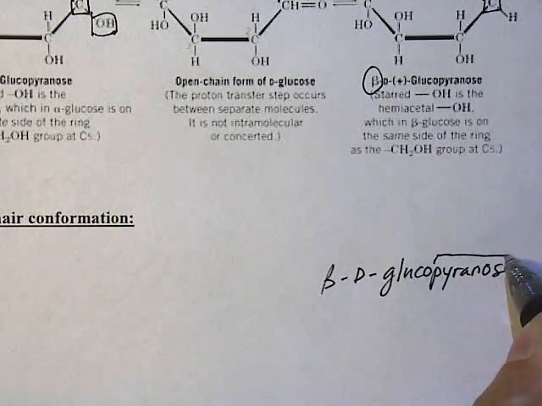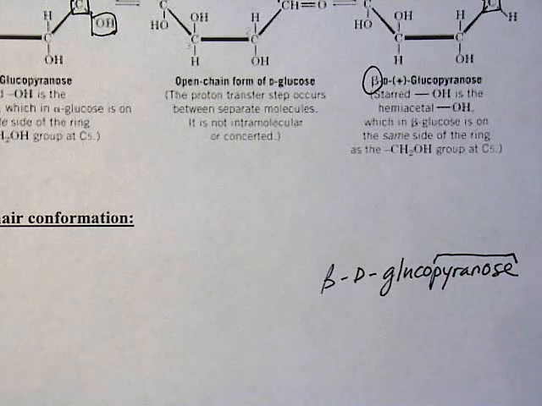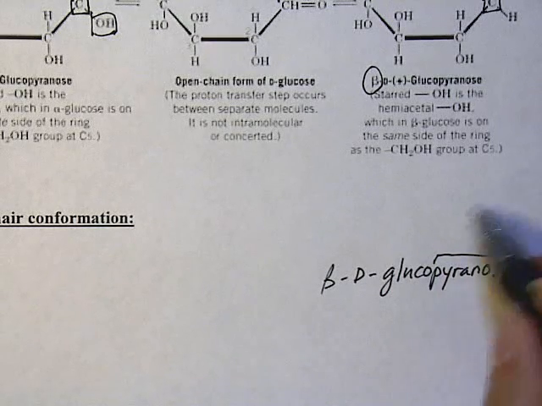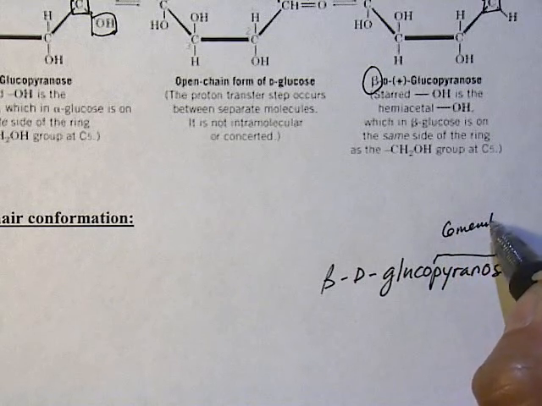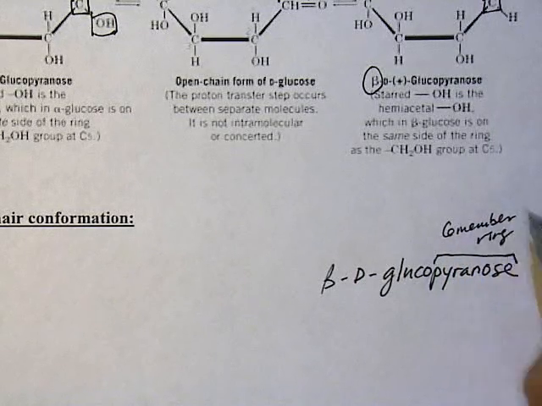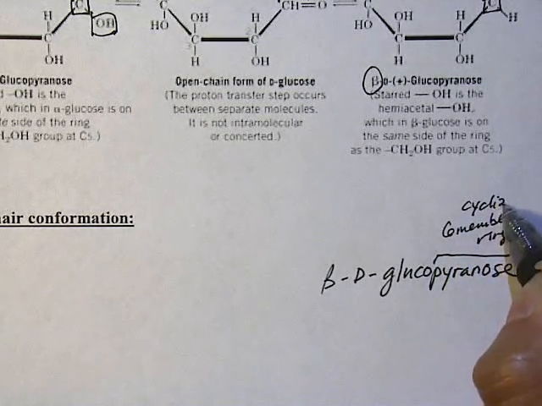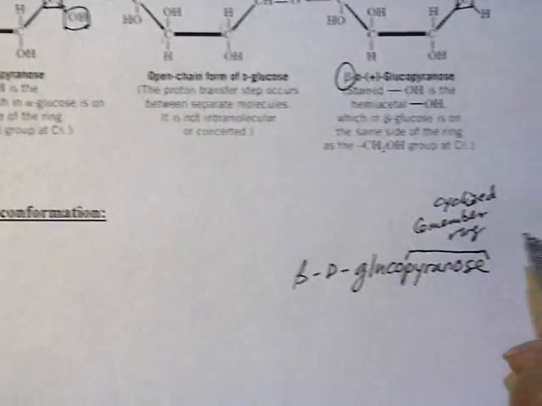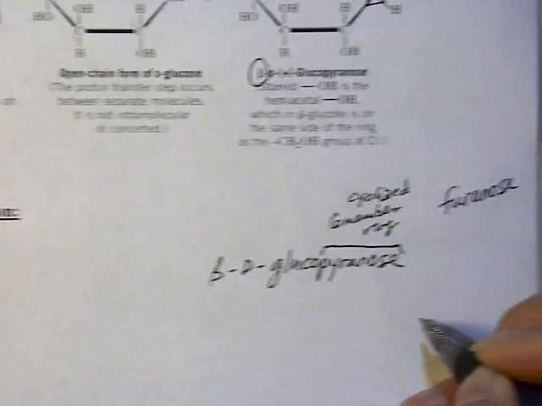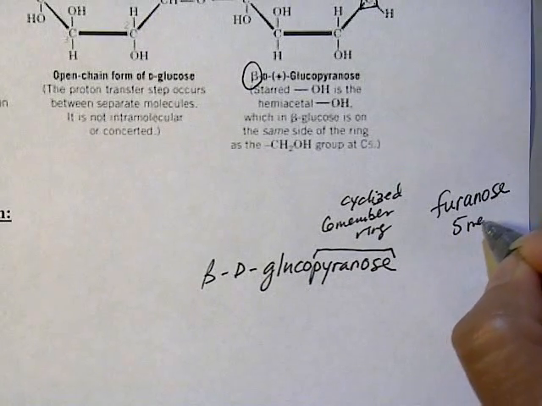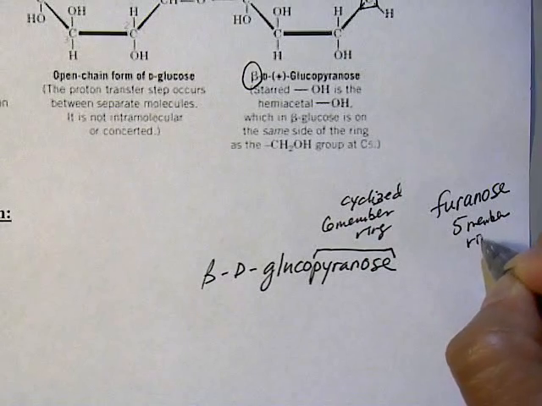All right, so pyranose is the name referring to a cyclized 6-member ring. And if you see a name called a furanose, that's referring to a 5-member ring.